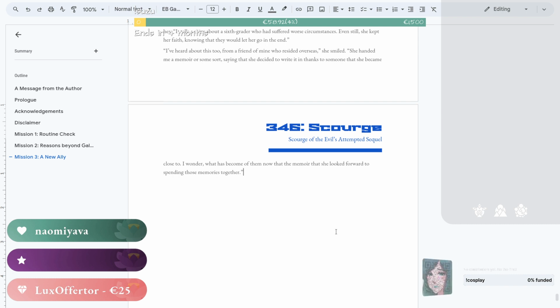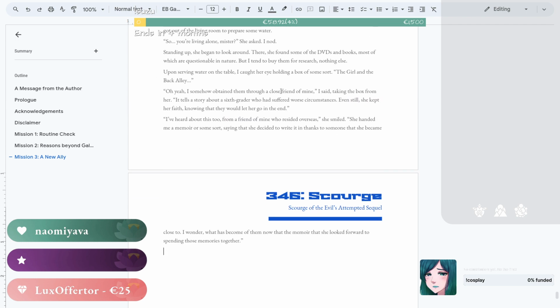Okay, so Michiko was handed the memoir from someone who had the same experience, probably to get the dojin. So there's not more of this.